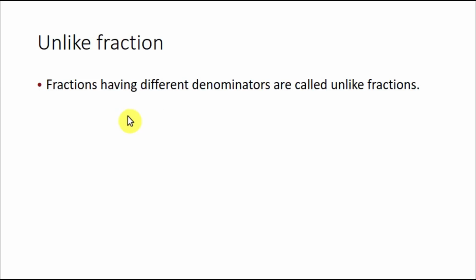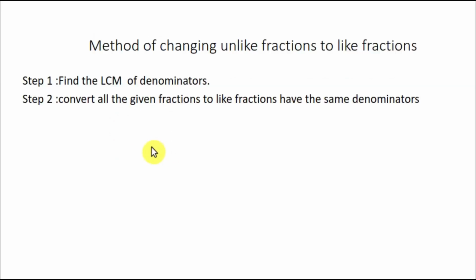Next, coming to unlike fractions. Fractions having different denominators are called unlike fractions. For example, 2 by 5, 5 by 7. Here 2 and 5 are numerators, 5 and 7 are denominators. The fractions having different denominators are called unlike fractions.